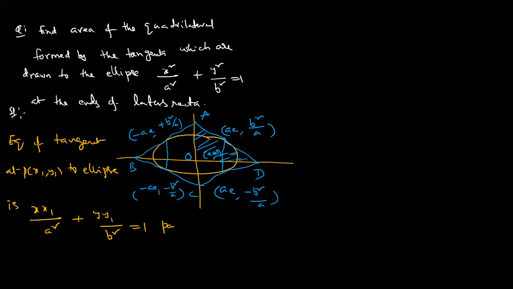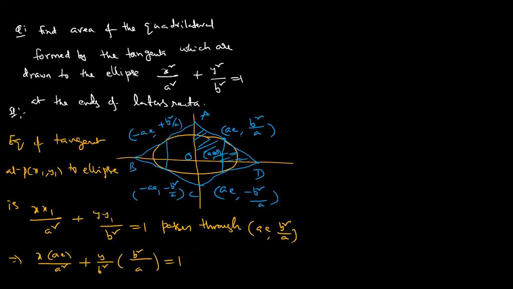Now it passes through the point (ae, b²/a). What result is coming, dear students? x into ae/a² plus y/b² into y1, which is b²/a, equals 1. So the result is xe/a + y/a = 1.